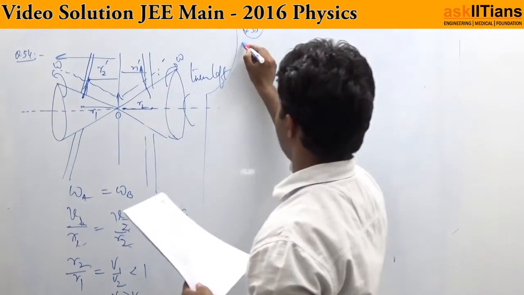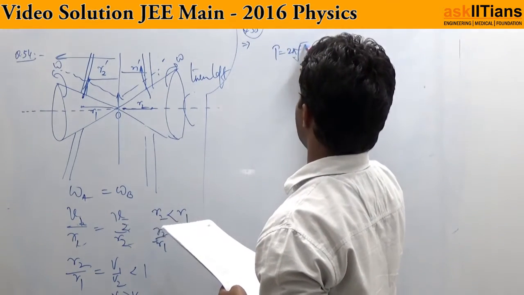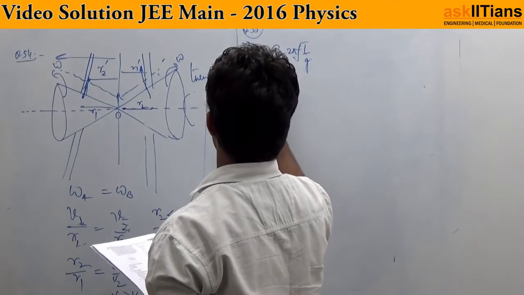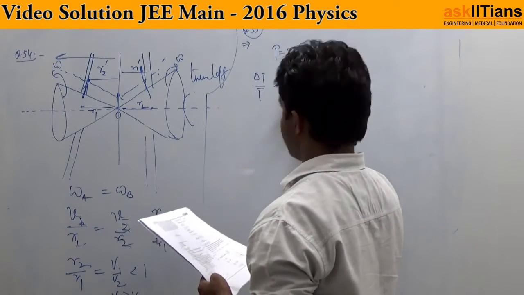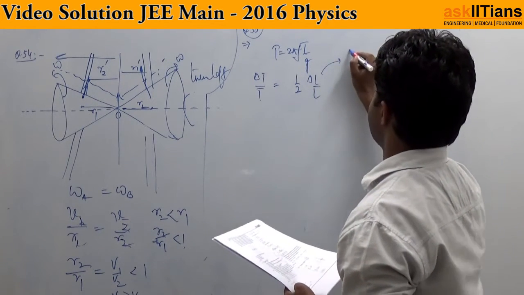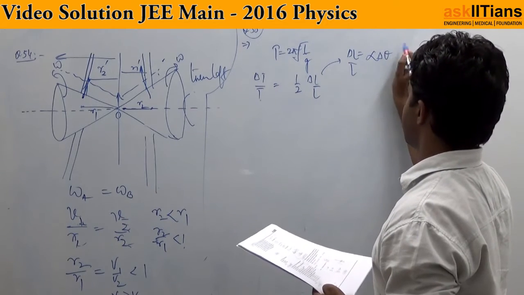We know the time period T is equal to 2 pi under root L upon g. When we want to find the relative change in time period with increase of temperature, delta T by T is 1 upon 2 delta L by L. In thermal expansion, delta L upon L is equal to alpha into the rise in temperature.